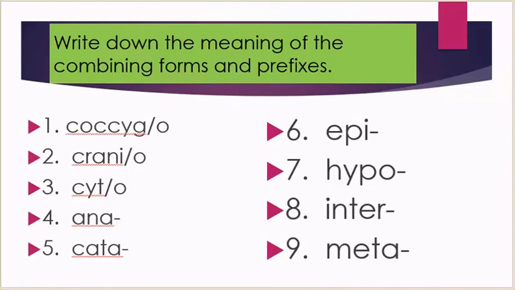Write down the meaning of the combining forms and prefixes. Number 1, coccygo. Number 2, cranial. Number 3, cyto. Number 4, ana.